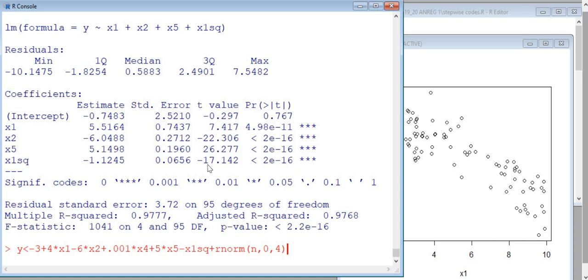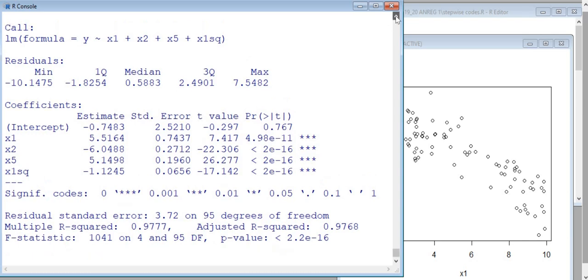Okay, and it turns out that adding the square function of x1 contributes significantly to the model. That is, the p-value here is quite small.